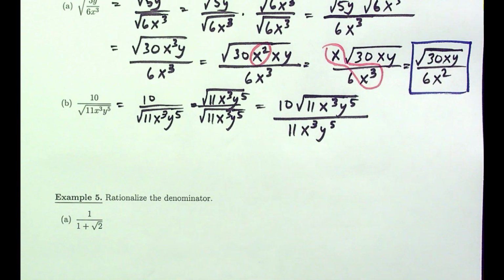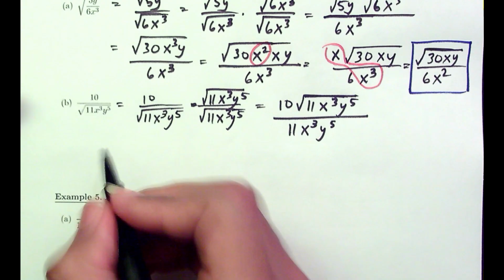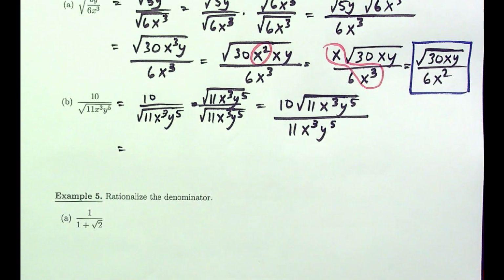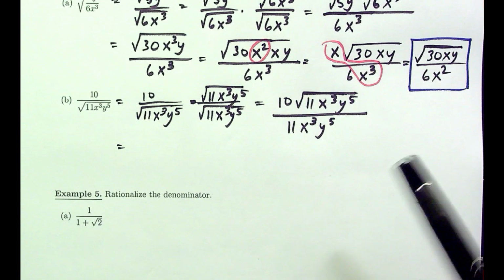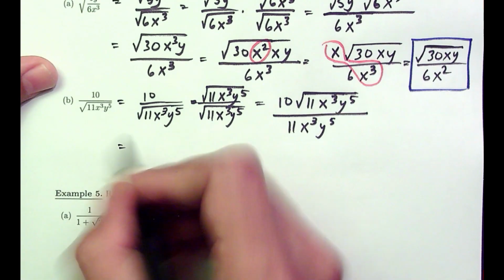Okay, now we try to simplify as much as we can. Square root of 11 cannot be simplified. You cannot even break up 11. It's a prime number. But you can simplify the square root of x cubed and y to the fifth by breaking them up.